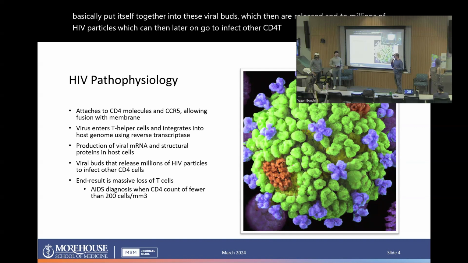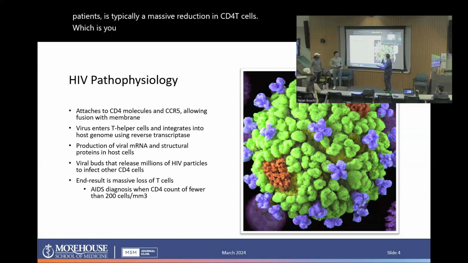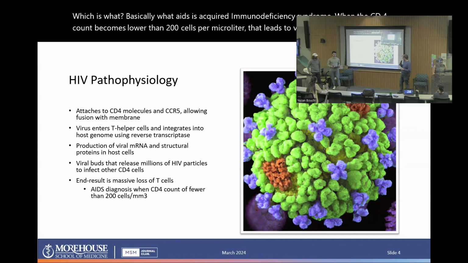The end result in these patients is typically a massive reduction in CD4 T cells, which is what AIDS, acquired immunodeficiency syndrome, is. When the CD4 count becomes lower than 200 cells per microliter, that leads to very severe immune issues.